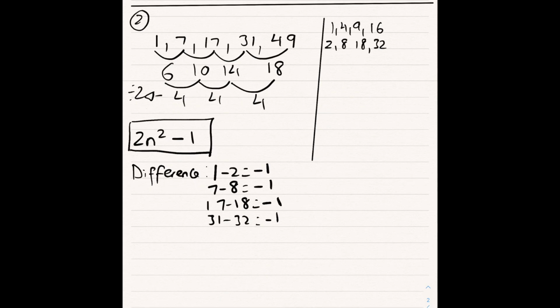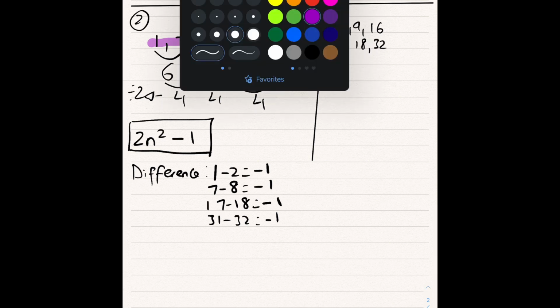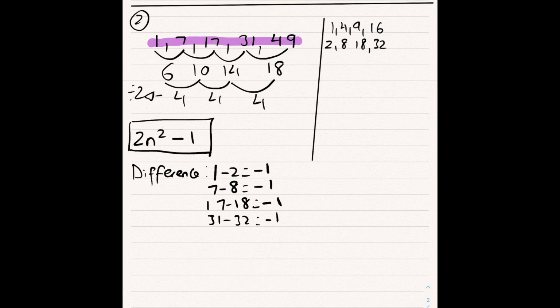Now, let me just go over the question. Initially we have the sequence 1, 7, 17, 31, 49. What we do, first of all, is find the difference between those numbers: 6, 10, 14, 18. The next step is to find the difference between those numbers, which is 4, 4, and 4. To find the n squared, we must divide by 2.